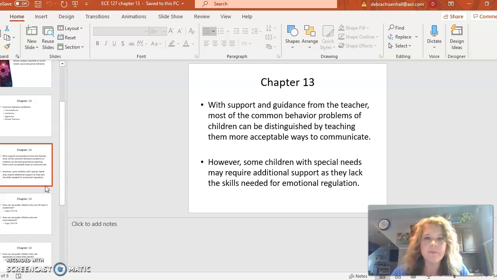So if you're paying attention with your observations, sometimes you can actually distinguish or redirect that behavior before it fully comes to fruition. However, sometimes you have children who, based on their own cognitive needs, might have trouble fully communicating with you or regulating their emotions.